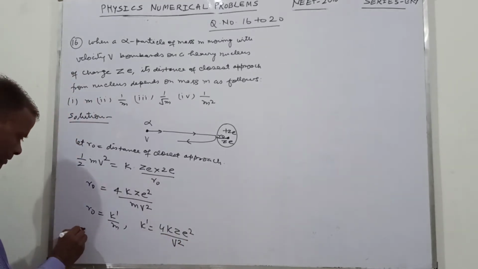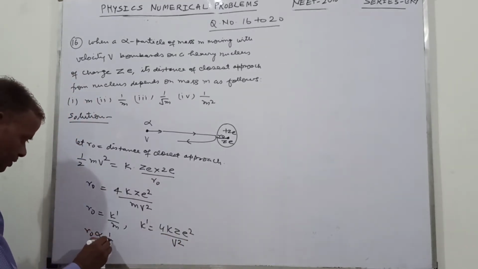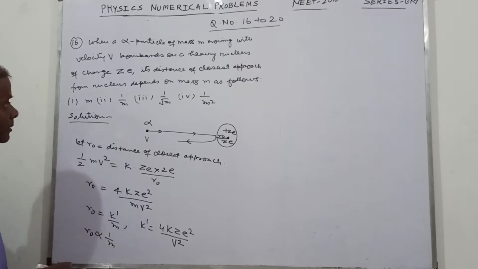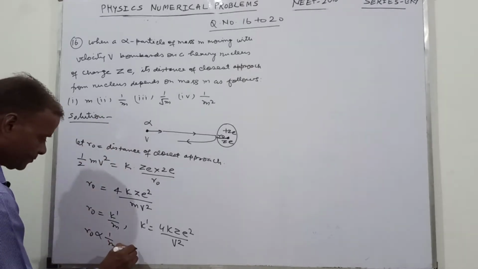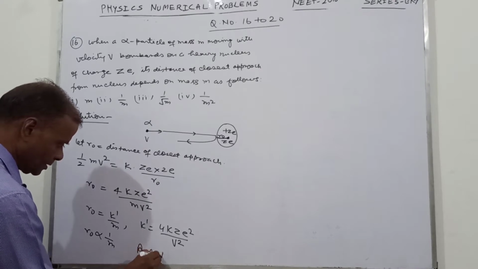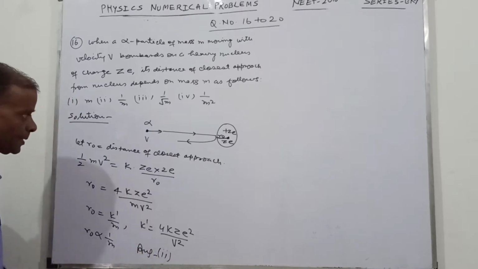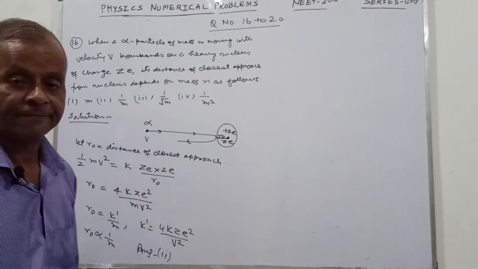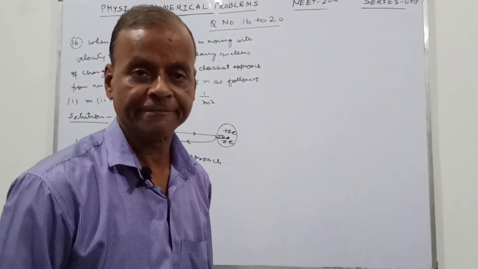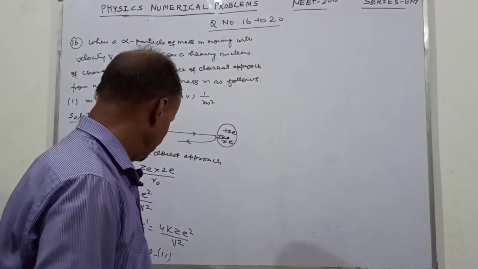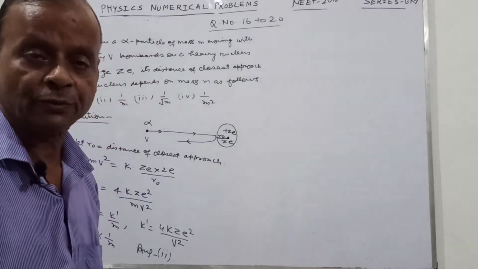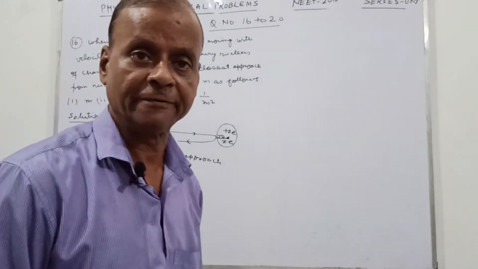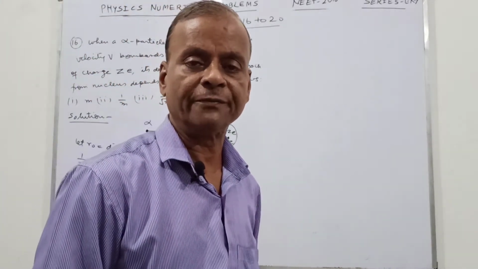So clearly this r naught is proportional to 1 upon m. So our right option is second. Answer is second. This is the answer to this question 16, and you see that the distance of closest approach is inversely proportional to the mass of the alpha particle.